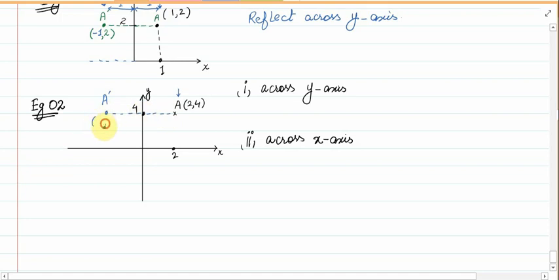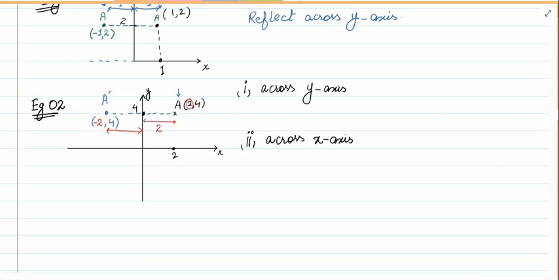So the y coordinate is 4. Now we need to find the value of the x coordinate. Now the distance from the line of reflection, that is the y-axis, to the point A is 2 units. If this distance is 2 units, that means this distance is also 2 units. But since we are moving on the negative x-axis, it will be -2, right? Alright.